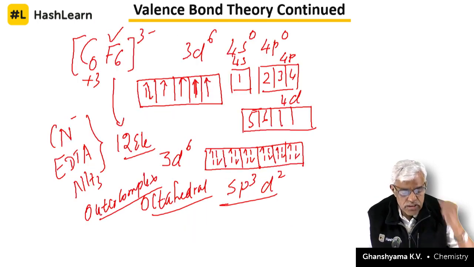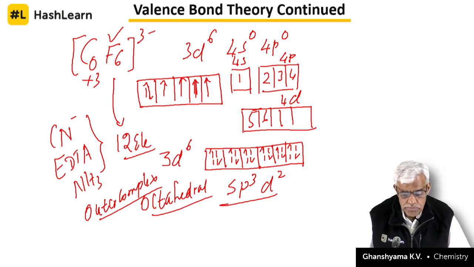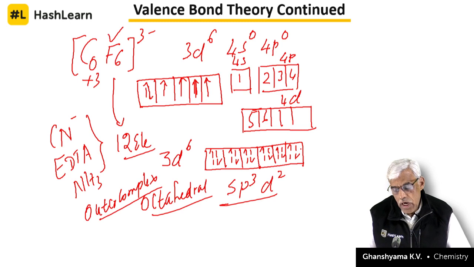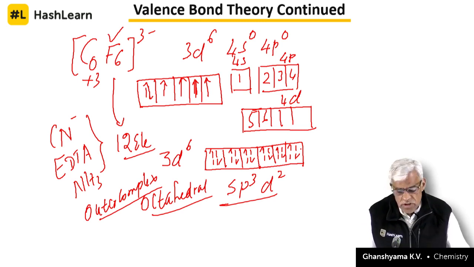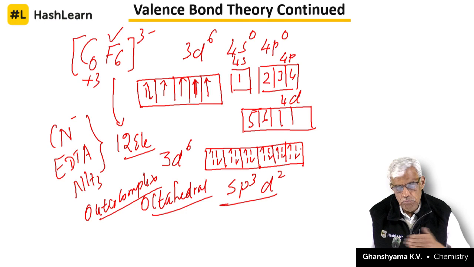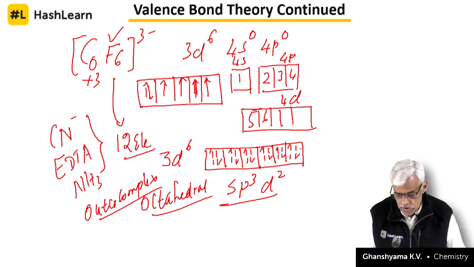If it is a weak ligand, then it is paramagnetic and it forms an outer complex. So this is how we explain the valence bond theory for different complexes or different complex ions.